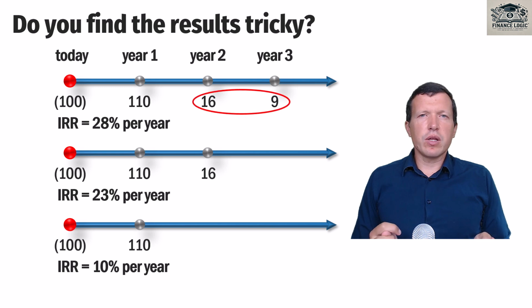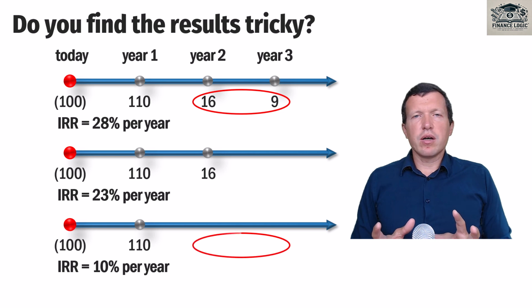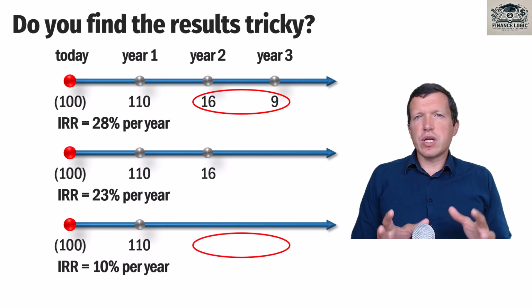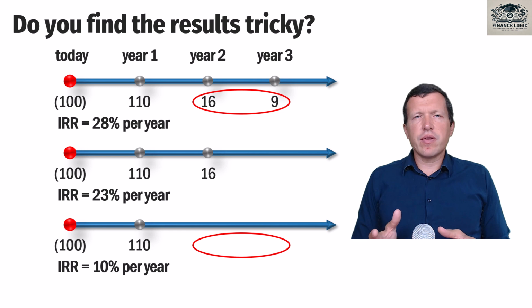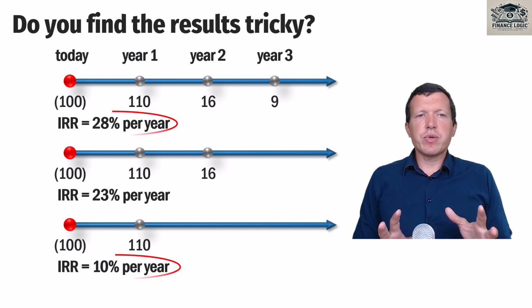Look at the third one and compare it with the first one. We have some additional cash flows of 16 and 9. These sums are not so significant, and we don't have these amounts in project number 1. And our IRR is 28%.